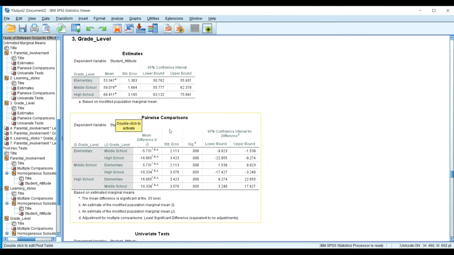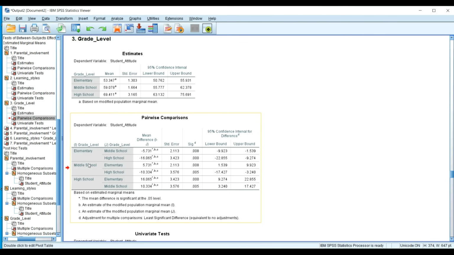In the pairwise comparison, comparing elementary to middle school, you have a negative effect, and it's statistically significant, showing that those in elementary may likely have a lower attitude towards science when compared to those in middle and high school.